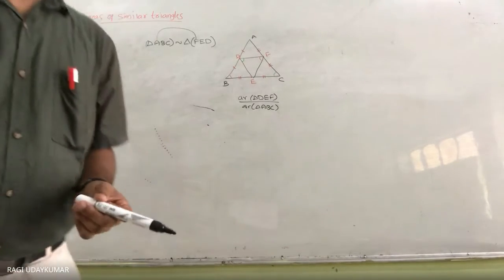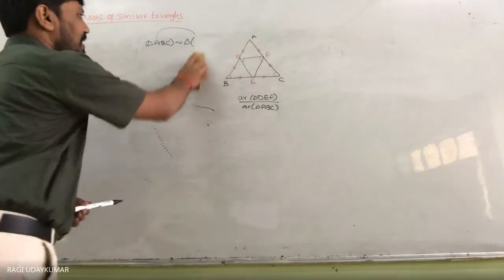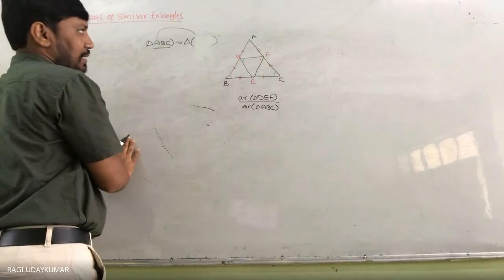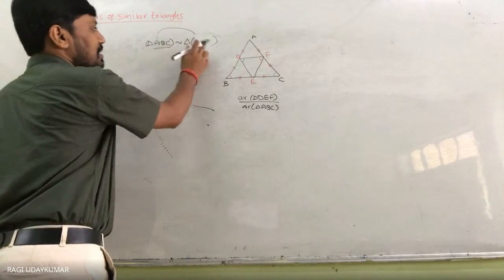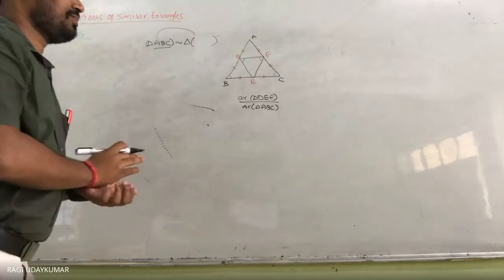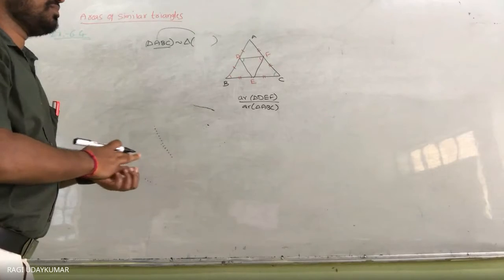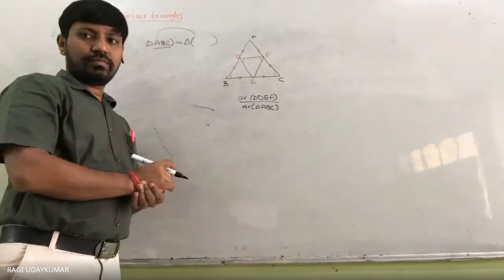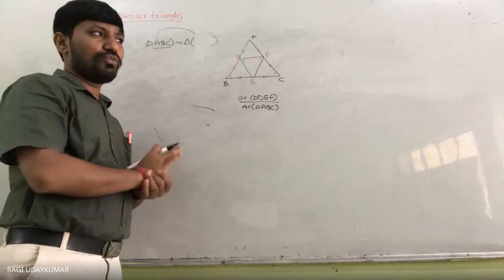But no answer is coming. Sir, can I say? Yes, anyone. Sir, angle ADF equal to angle ABC because DF and BC are parallel lines. I am asking to fill the blank with the triangle name. Triangle ABC similar to triangle dash.